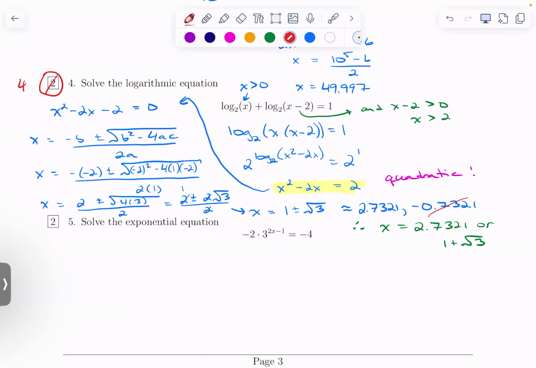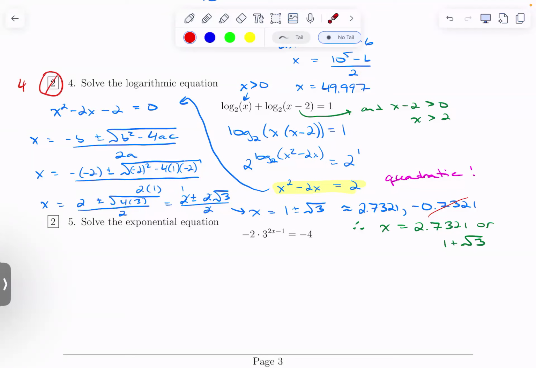Oh, I did some things. I did 4 plus 8 is 12, but then I rewrote 12 as 4 times 3, because then I can distribute the square root onto the root of 4 and the root of 3. But that was just a sneaky way to ditch some of these 2's, right? To be able to cancel.